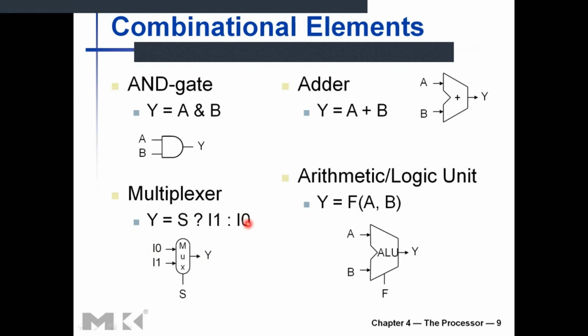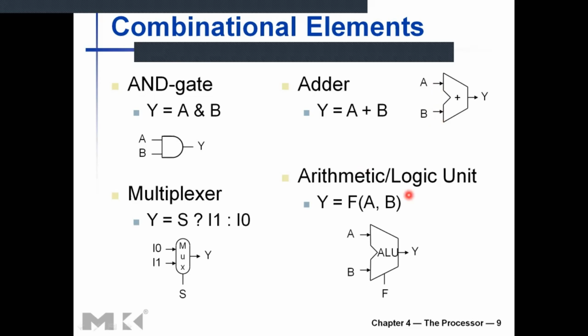So that's a multiplexer. That is also a combinational element. Then you have adders. Adders are also combinational elements where the output Y is the sum of A and B. A and B are multi-bit signals, right? A can be a 32-bit value, B can be a 32-bit value.